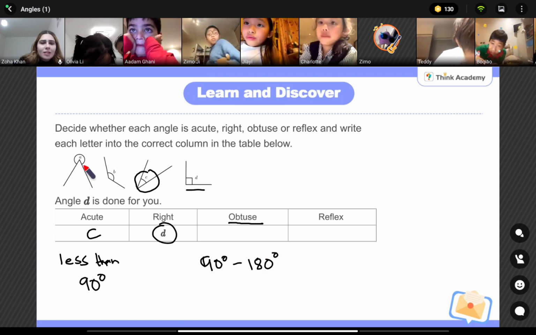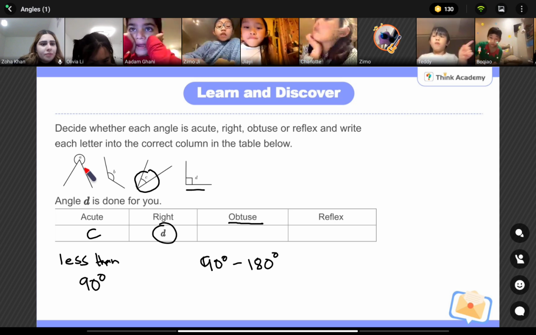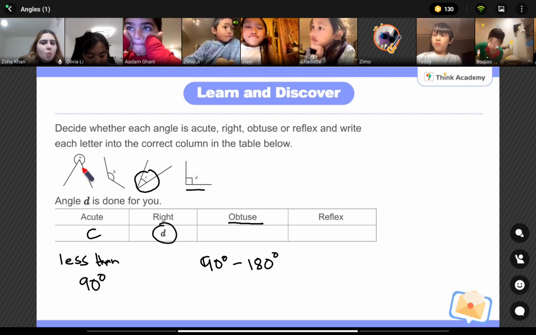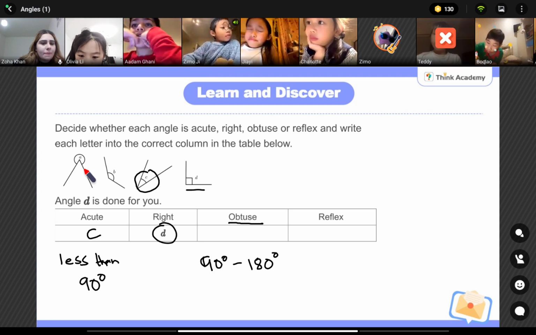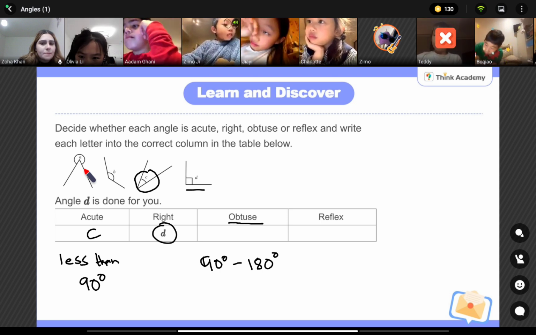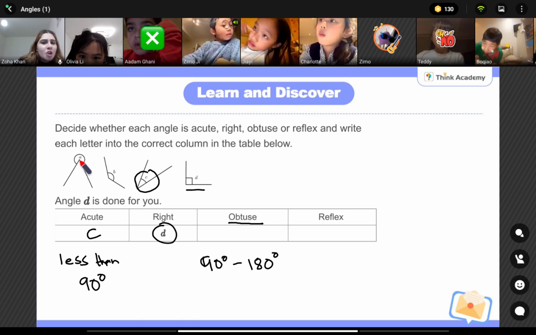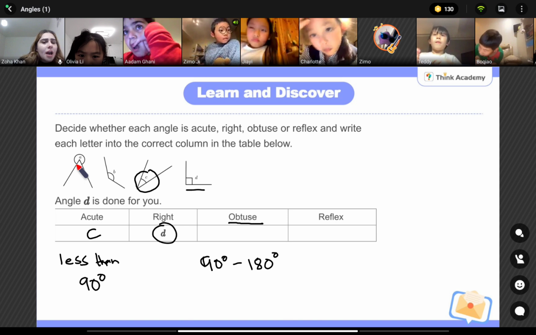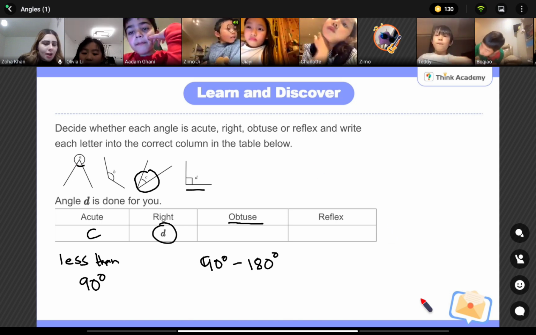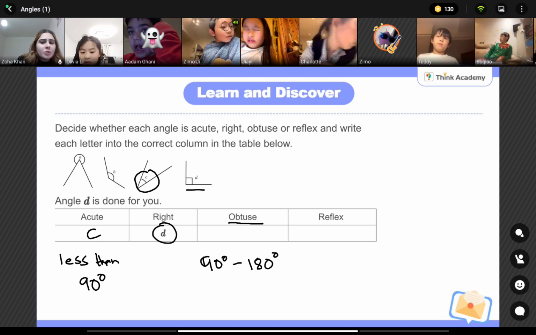Well, can it be A? Can it be A, Zemoji? No. Why not? Because A is too big, right? Yeah. A is nearly a full turn, isn't it? Look, A is nearly a full turn. So we know it can't be obtuse because what does obtuse mean, Zemo?